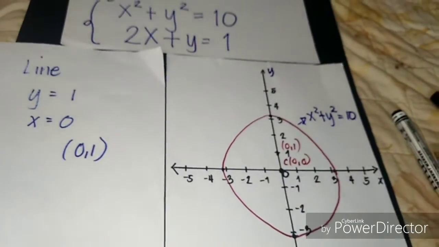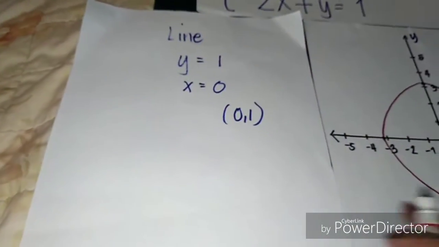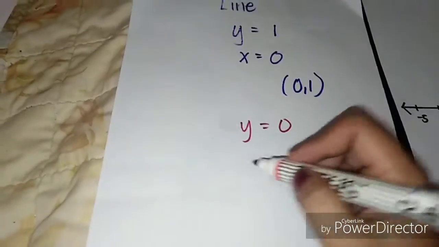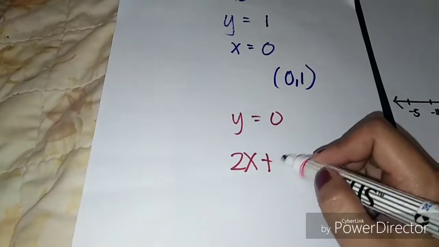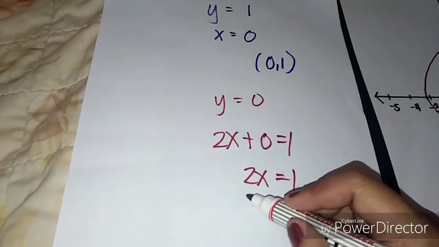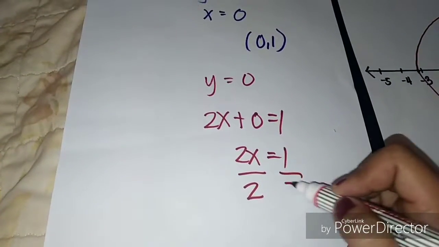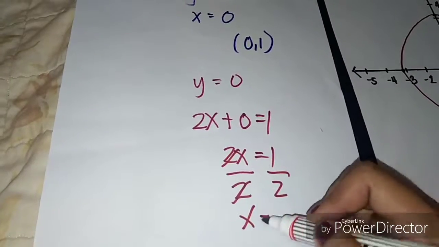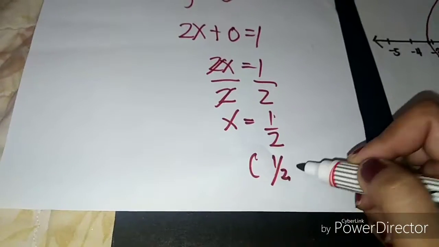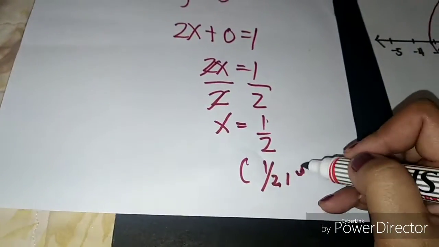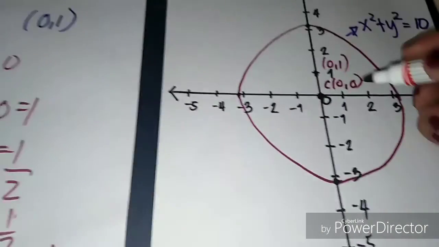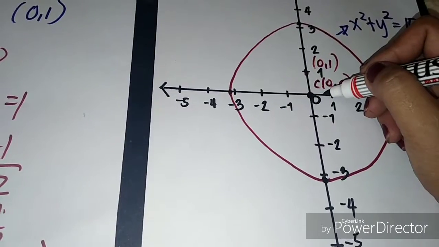And if we assign the value y equal to 0, so 2x plus 0 is equal to 1. So we have now 2x is equal to 1. Divide both sides by 2. So x will be 1/2. So the ordered pair is 1/2 and 0. So to graph that one in the Cartesian plane, this is 1/2 and 0.